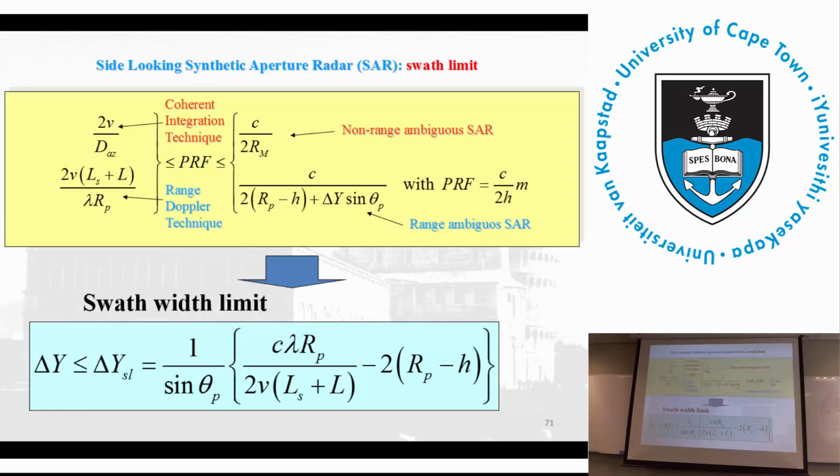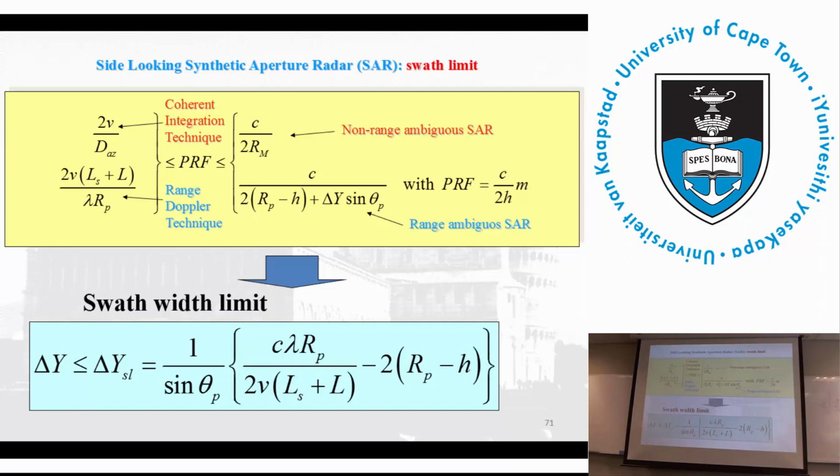It would be interesting to see how the swath and the resolution of your system are actually linked. We'll go back there later. But somehow, within these numbers here, this is expressed in terms of system parameters. But if you rewrite this in terms of the system resolution, it's interesting to see that as soon as you push your azimuth resolution to be finer and finer, and how do you do that with the SAR?